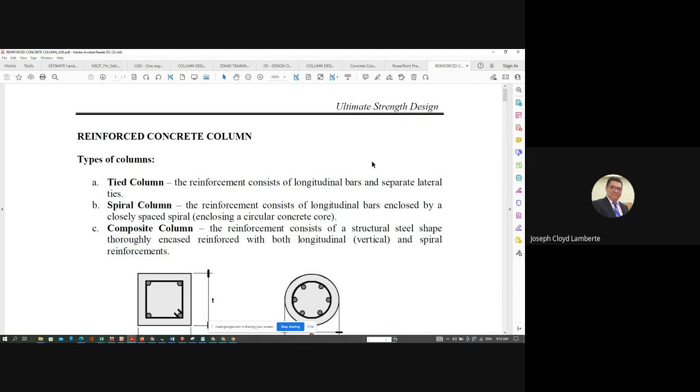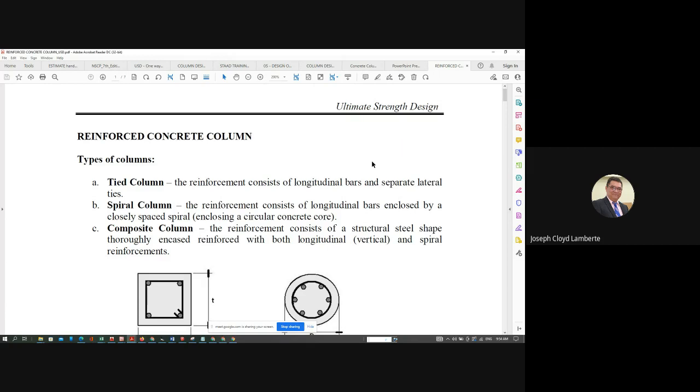The tied column can either be a square, a rectangle, or a circular one, but a spiral column is always a circular column. Since it is a spiral, it should be circular, like a spring, not ties, and its reinforcement is continuous.